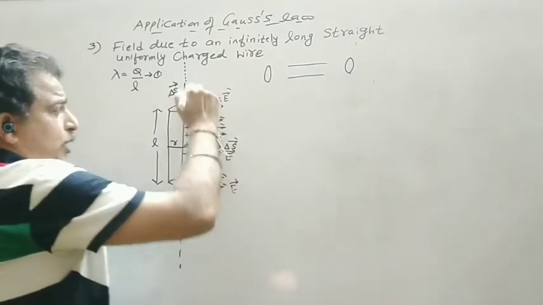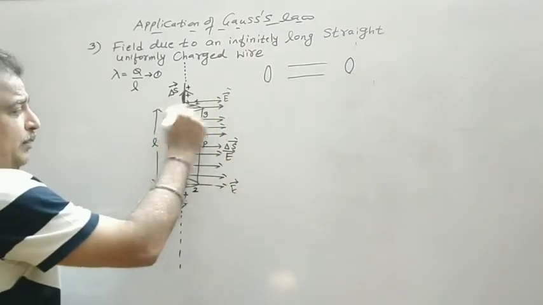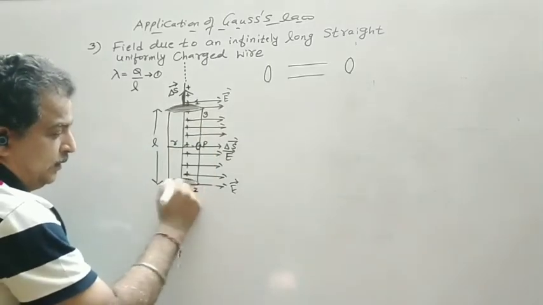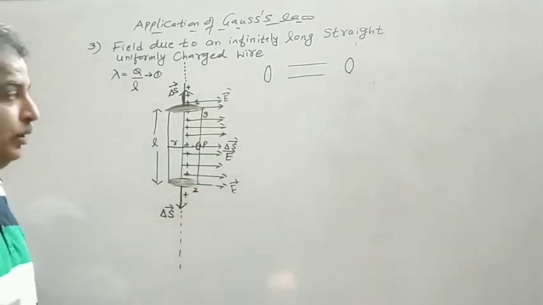Now the flux contribution by the first phase, that is this phase and this phase, will be 0.